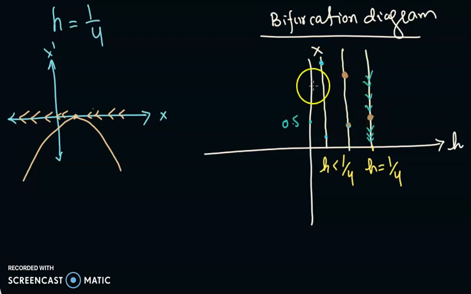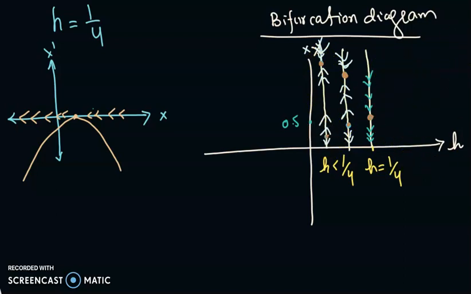These are equilibrium points. We have also seen that for h less than 1 by 4, the x star of left was a source or unstable point, and x star of right was a stable point. So this is going to be stable, and this is going to be unstable.